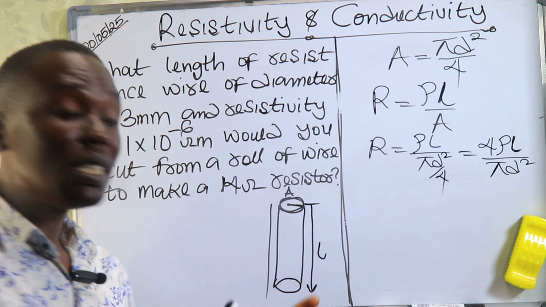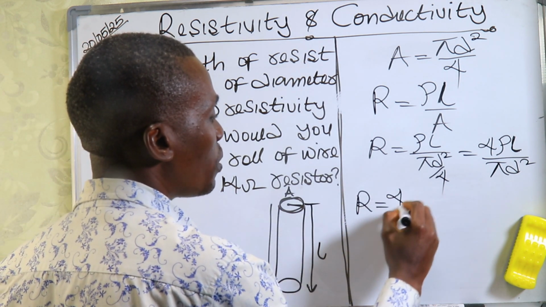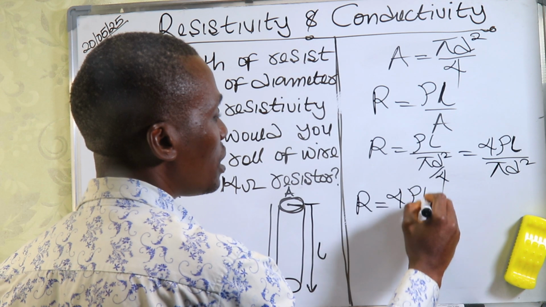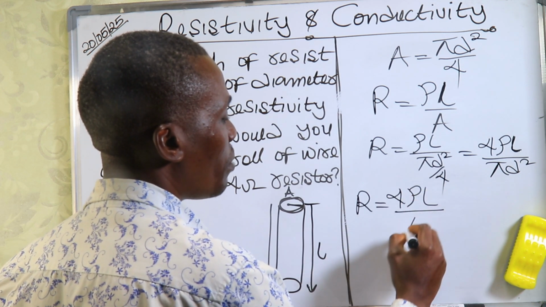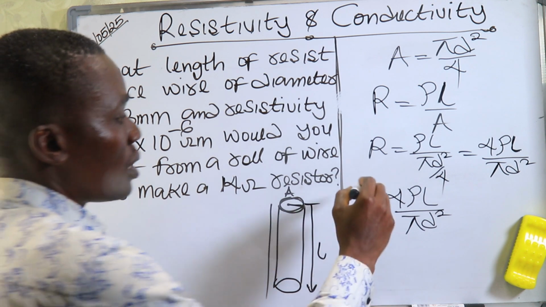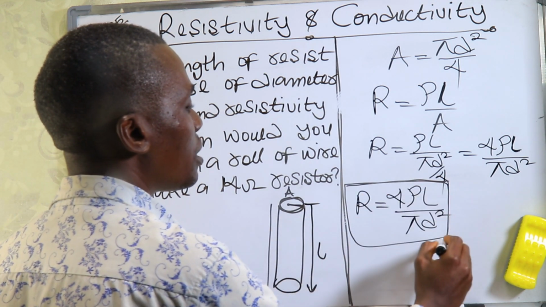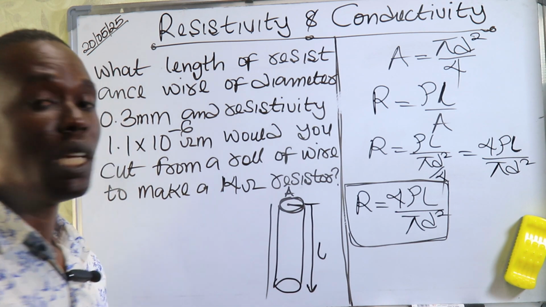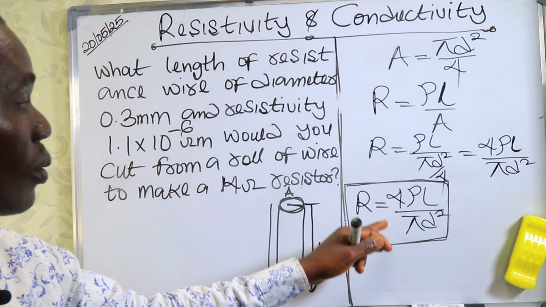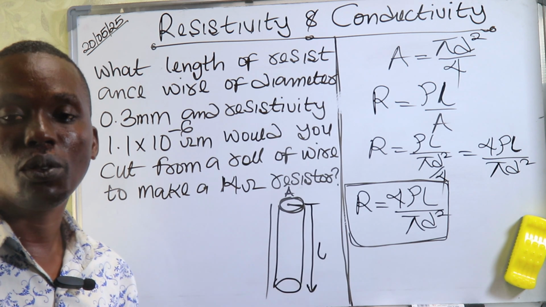So that means the resistance of any wire can be equal to 4 times the resistivity times the length divided by pi d square. This is another formula we use to calculate the resistance of a conductor, especially when they give us the diameter of that conductor.